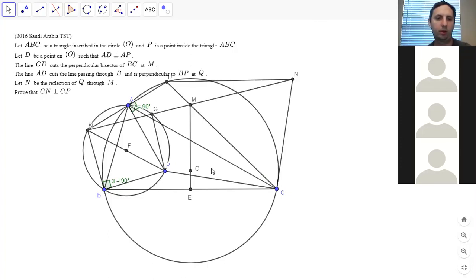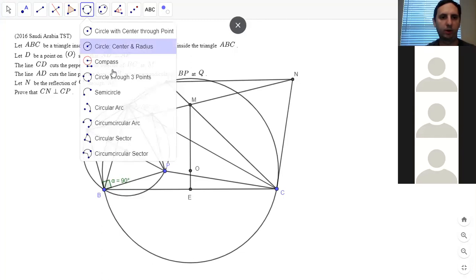Yeah, what's the best way? Okay, so we want to show PGMC is cyclic. But yeah, is there another point on that circle?